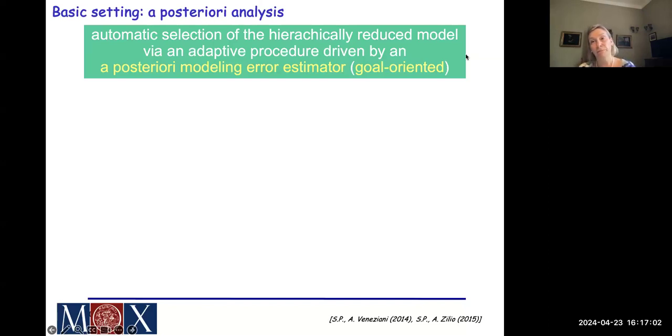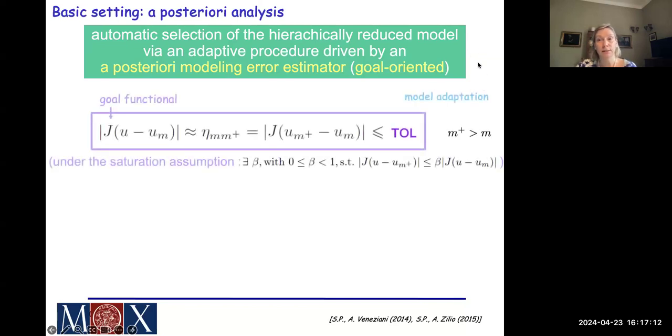So in both cases, we have developed such an analysis in a goal-oriented setting, where essentially the idea is to build a control of the goal error.